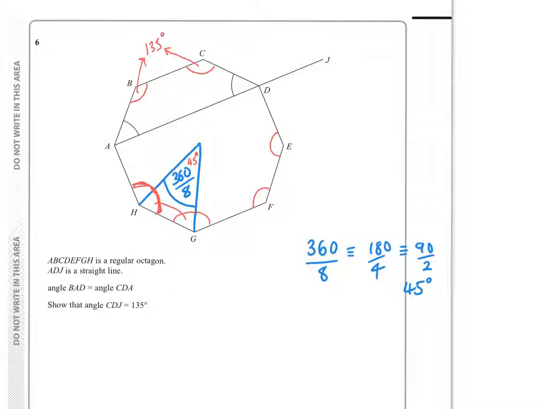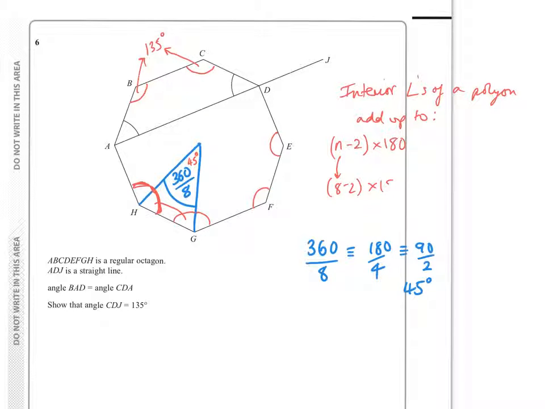Alternatively, you could work out those angles by saying the interior angles of a polygon add up to, and you can use the formula n minus 2 times 180. In this case, n is 8, so we'd have 8 minus 2 times 180, which is 6 times 180.